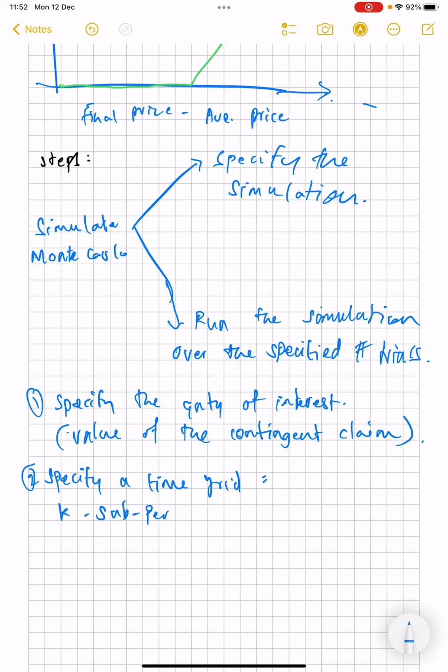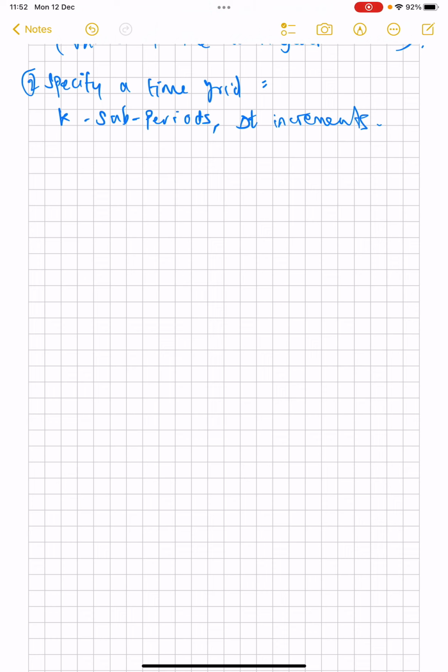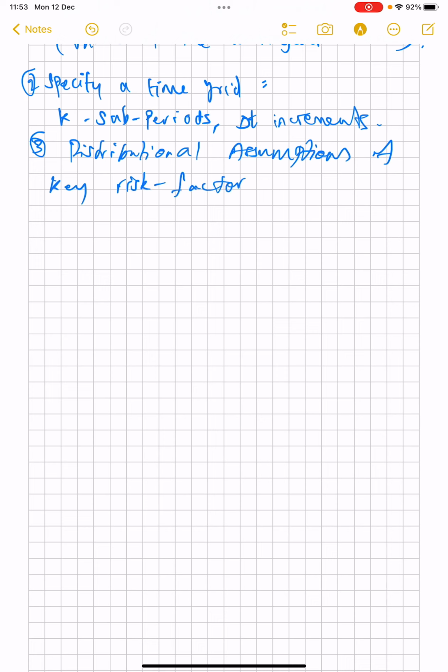Third, you want to specify the distributional assumptions of the key risk factors. That was for the specification of the simulation.